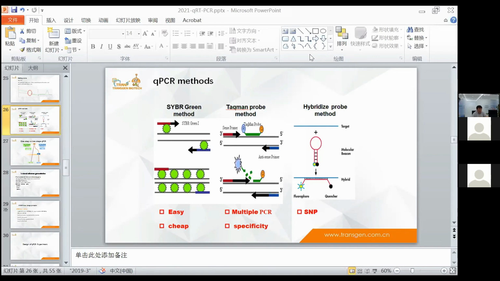But unfortunately, it's a wrong signal. When we use NanoDrop to detect the cDNA, the signal is not from the cDNA, it's from the dNTP. So there's no way to detect the quality of the cDNA. We only use PCR or qPCR to determine the quality of the cDNA.